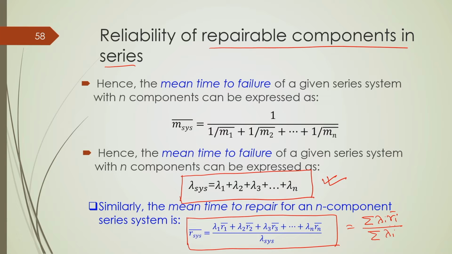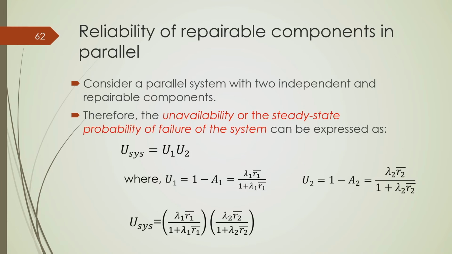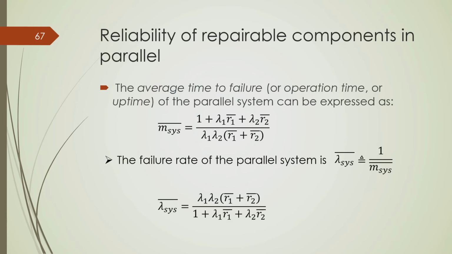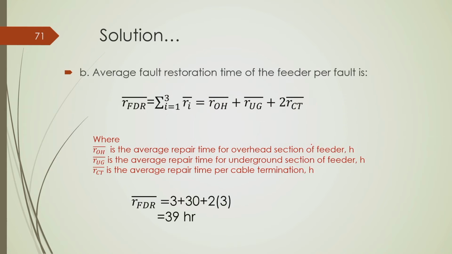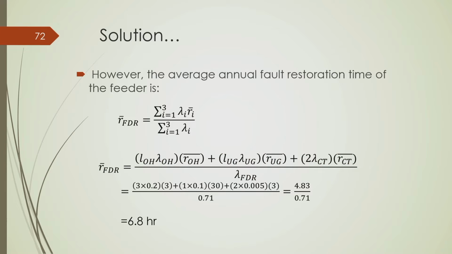So, once we know all these things, we can find out the mean time to repair or mean restoration time. All right. So, in order to solve question number 1, this formula is directly applicable: the average annual fault restoration time is lambda I R I.